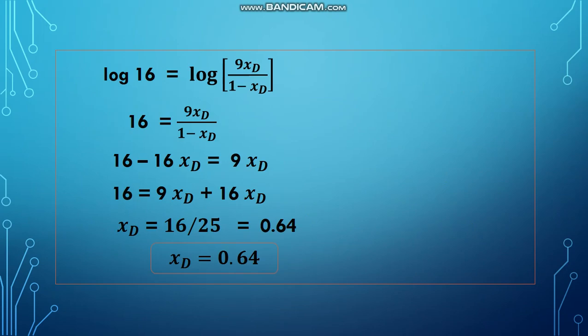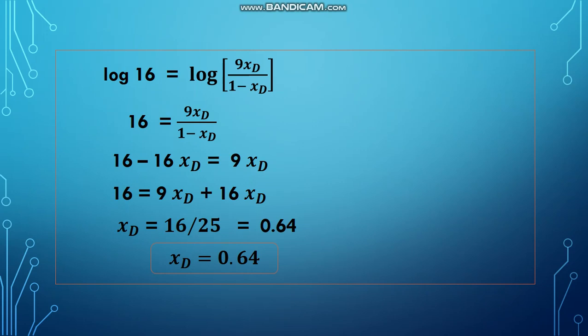Solving this equation, we get log 4 squared, which is log 16, equal to log 9xd by 1 minus xd. Removing logs on both sides, we get 16 is equal to 9xd by 1 minus xd. Arranging the equation, 16 minus 16xd is equal to 9xd. So 16 is equal to 9xd plus 16xd.